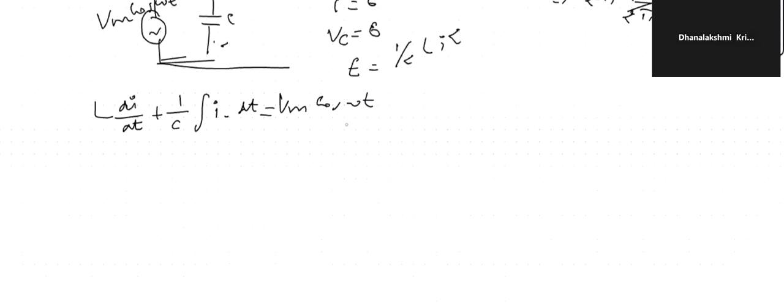So omega t is equal to 0. Now substitute cos omega t is equal to cos 0. Then we get L di by dt plus 1 by C integral of i dt is equal to Vm.